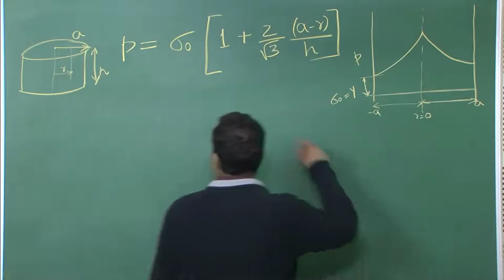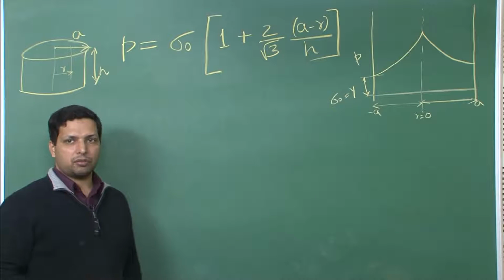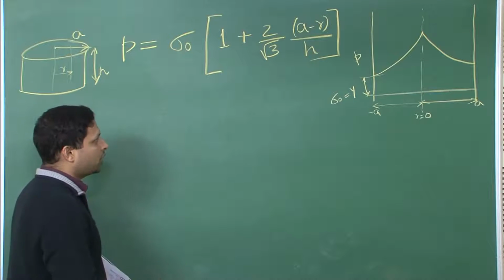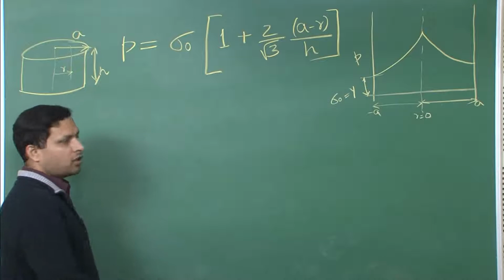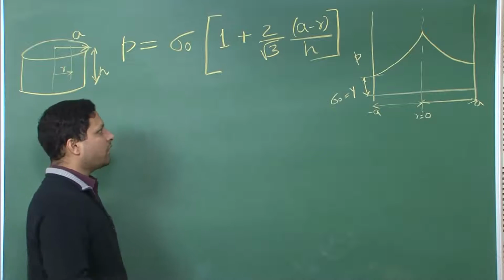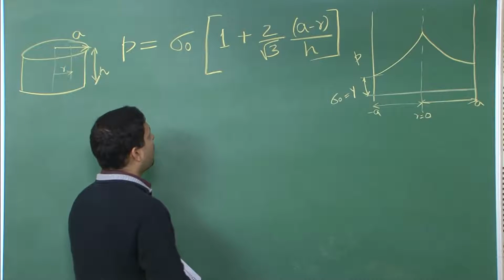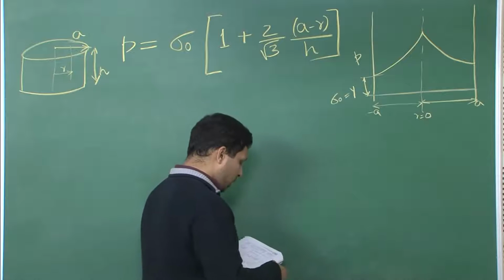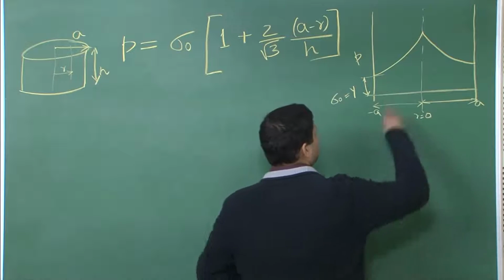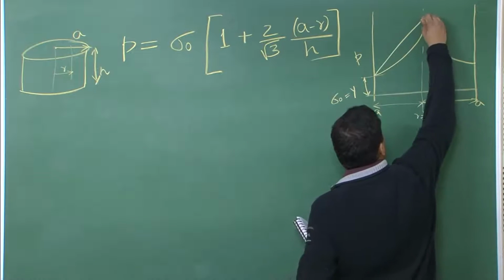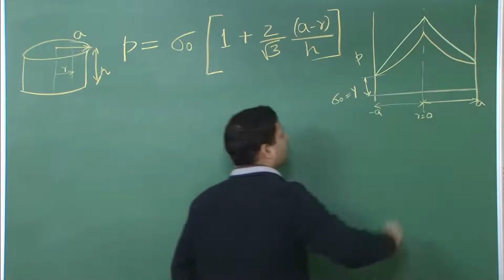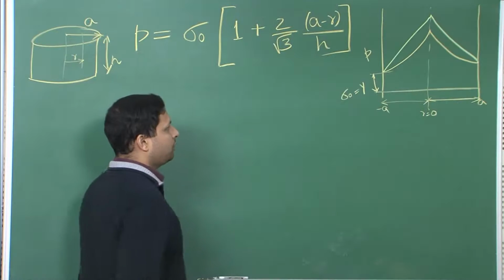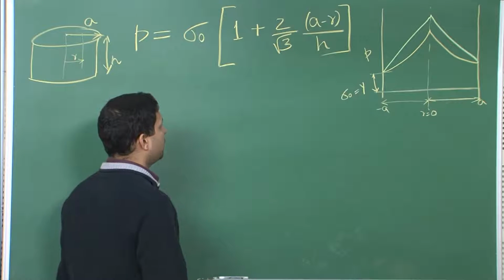Now, when we are talking about the sticking friction, where we use the interface friction factor, in that case we get an equation of this form, and if you plot this you will get, as I said, a very similar form, and even if you plot it as a function of r, you get very similar values.